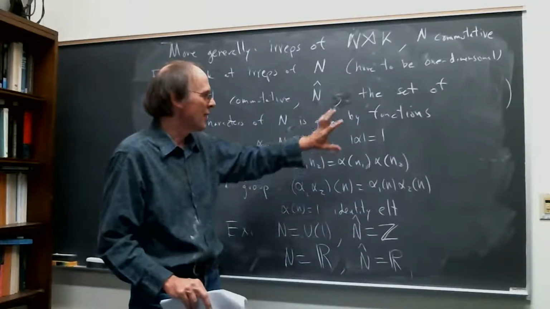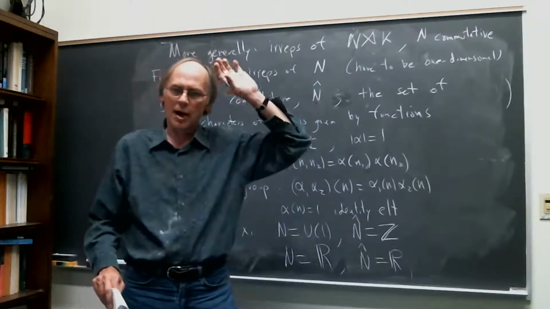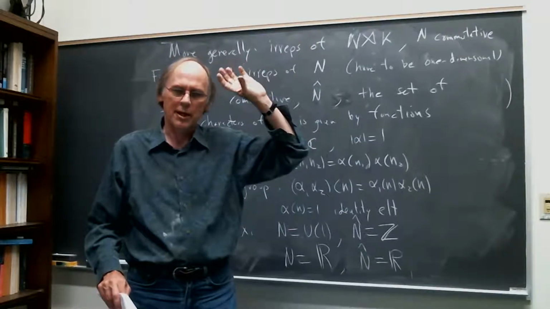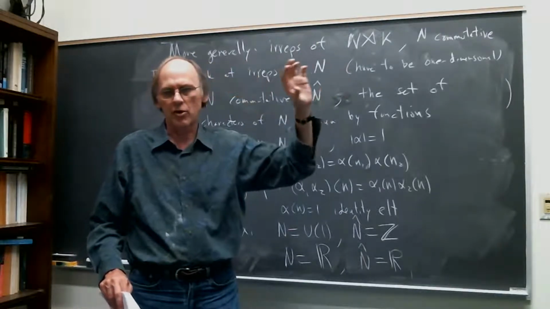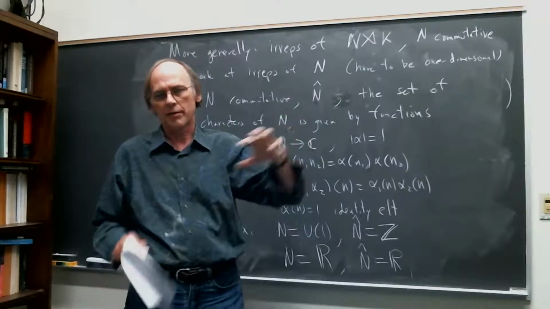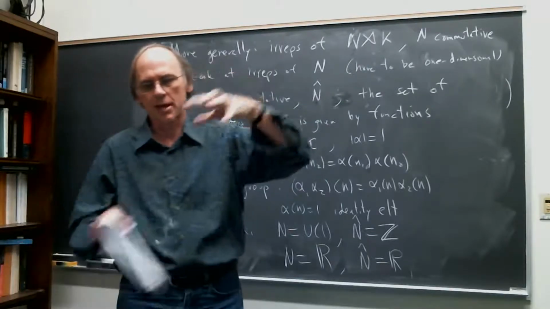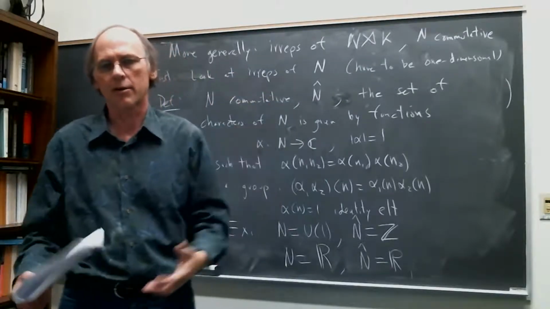That was the character applied to non-abelian groups, where you have non-commutative groups. There you had these matrices, and you could take their traces, and you got the character function on the group.